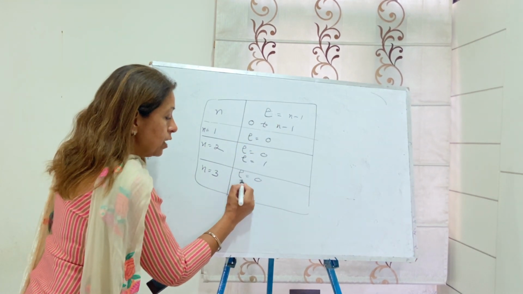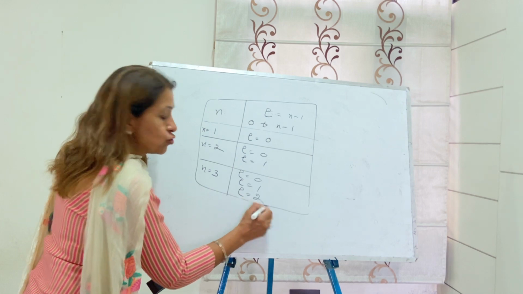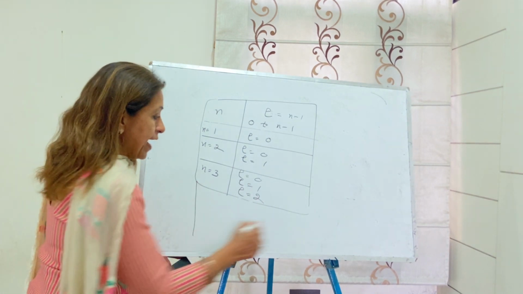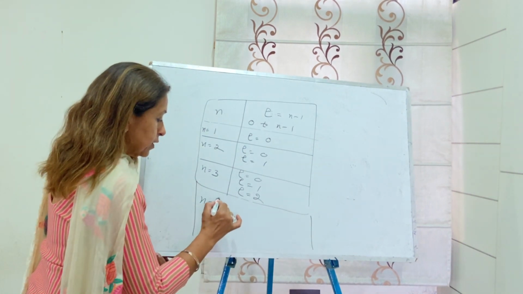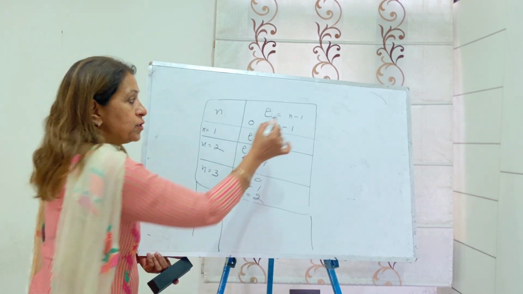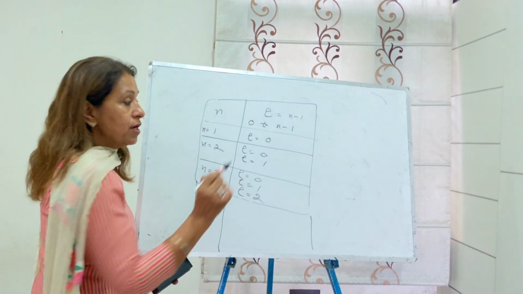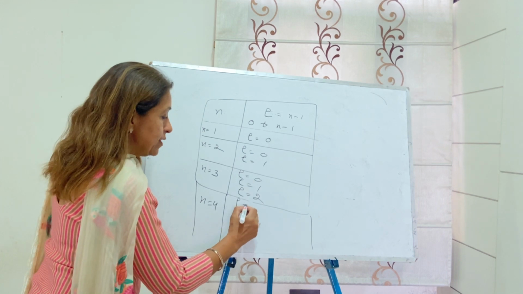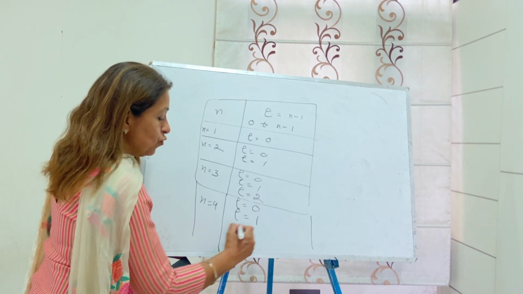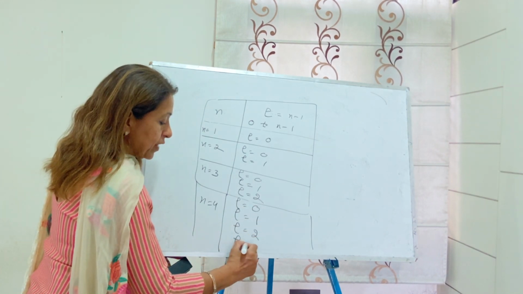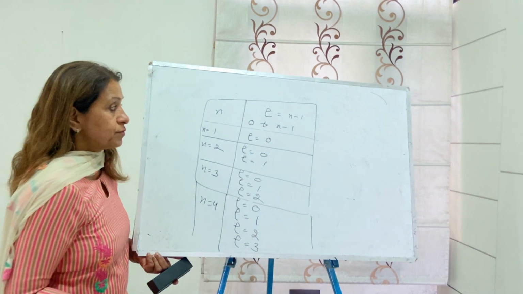L is 0, 1 and 2. If n is equal to 4, it's 4 minus 1, 3. So 0 to 3: L is 0, 1, 2 and 3.